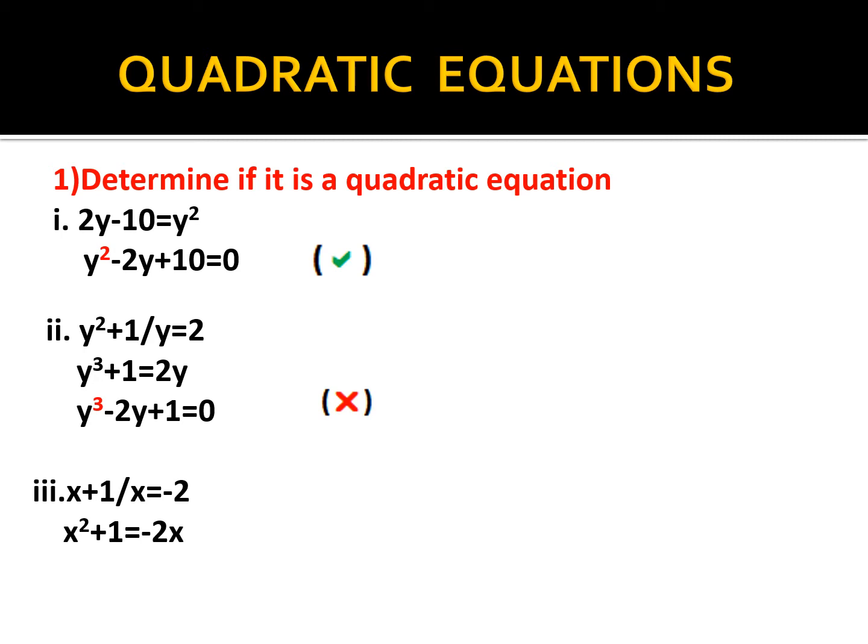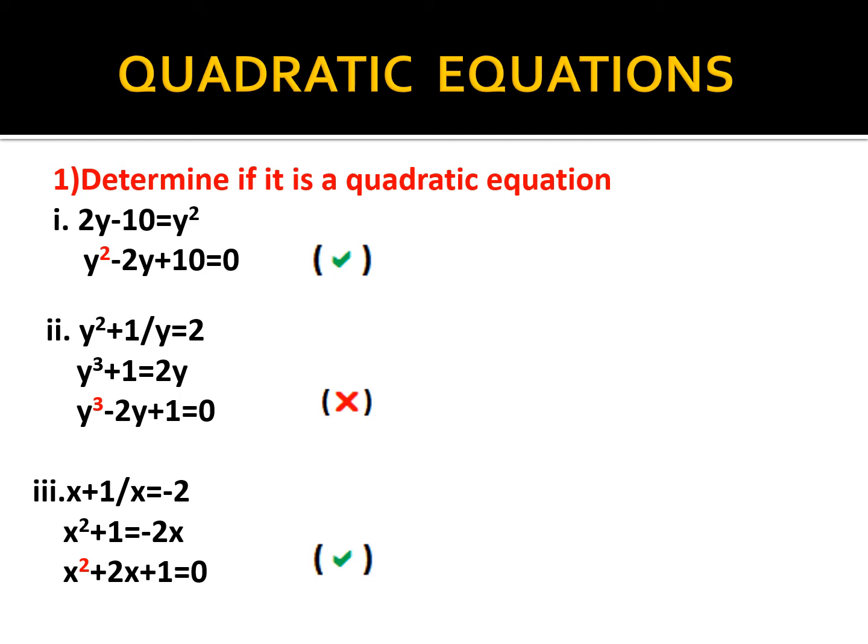Bringing all the terms to one side, we get x squared minus 2x becomes plus 2x, plus 1 is equal to 0. Therefore, by the definition of a quadratic equation, we know that it is a quadratic equation since its degree is 2.